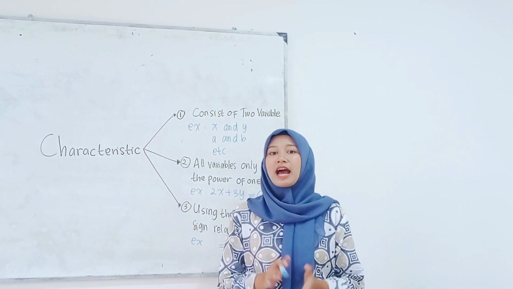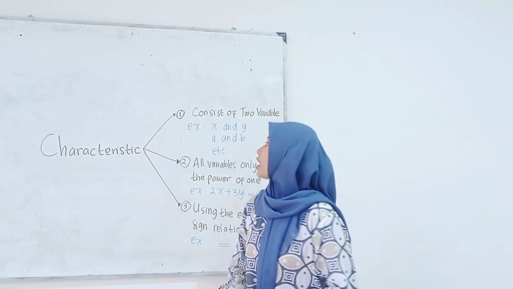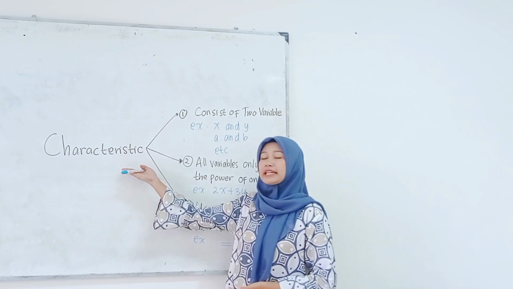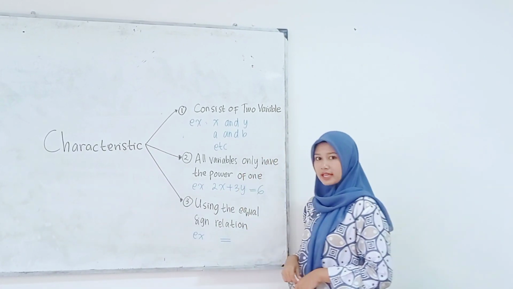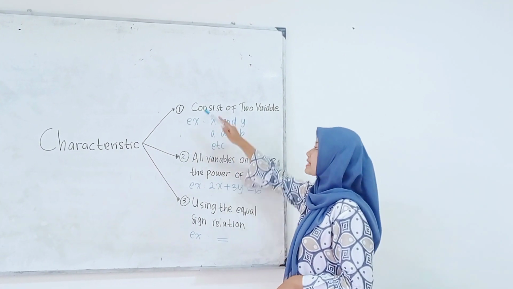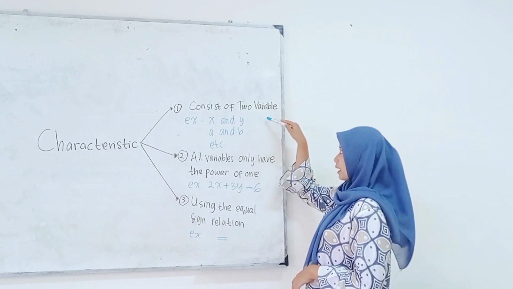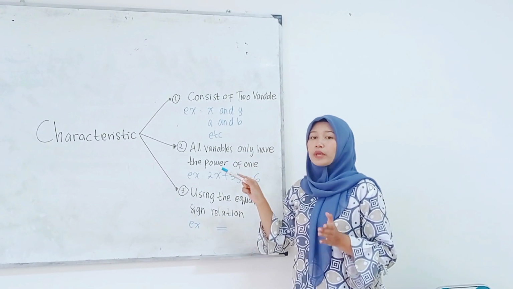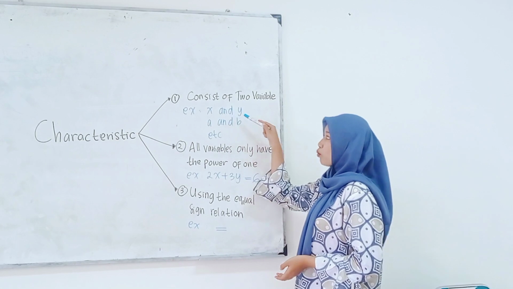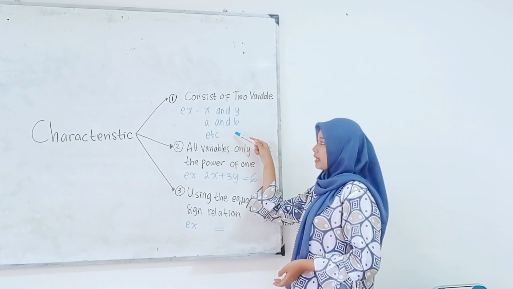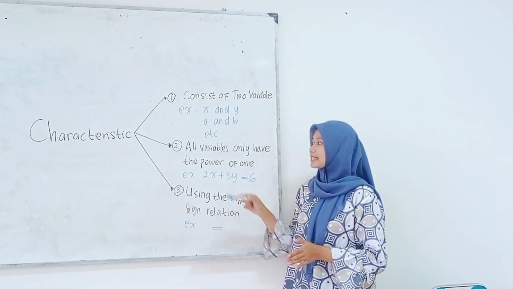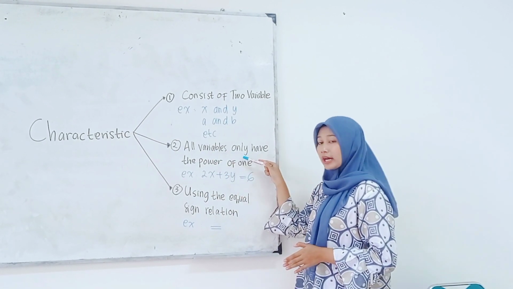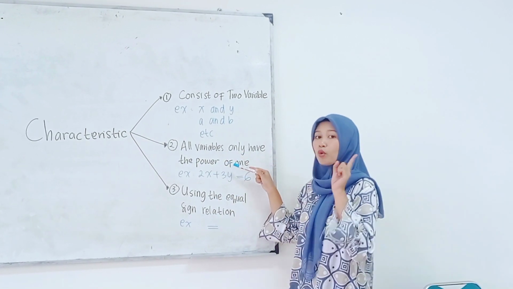Okay guys, I would like to turn to the characteristics of linear equation in two variables. We have three characteristics. The first characteristic is that it consists of two variables. For example, we can use x and y, a and b, etc. The second characteristic is that all variables only have the power of 1.